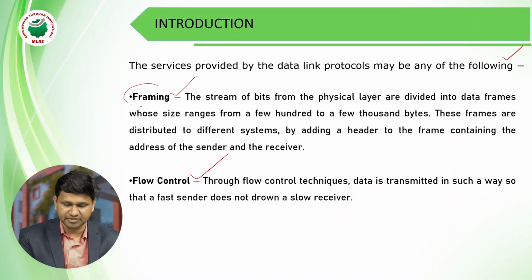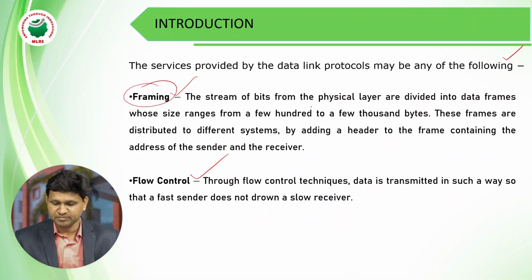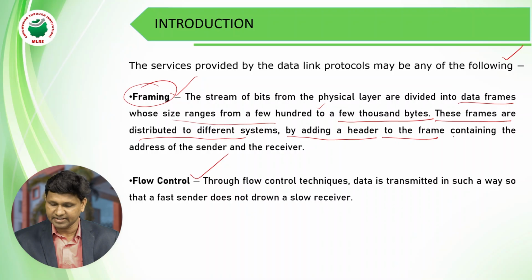Now see framing. The stream of bits from the physical layer is divided into data frames, as we know, whose size ranges from a few hundred to a few thousand bytes. These frames are distributed to different systems by adding a header to the frame containing the address of the sender and the receiver.